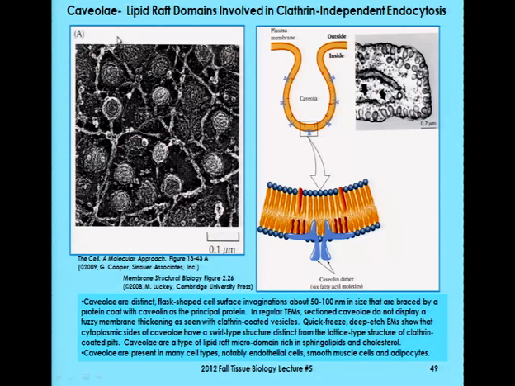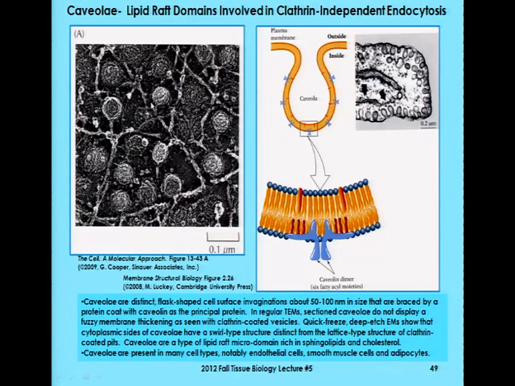Now, caveolae are another type of structure that is involved in clathrin-independent endocytosis. Caveolae are a type of lipid raft domain, and when they are viewed by transmission electron microscope studies, they do not have a fuzzy coat associated with them like we see with the clathrin-coated vesicles.